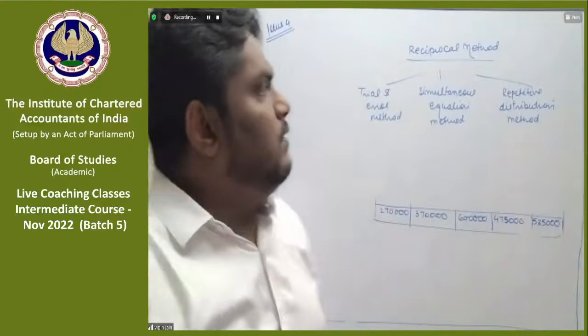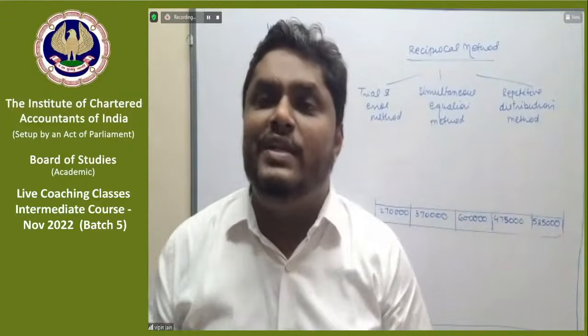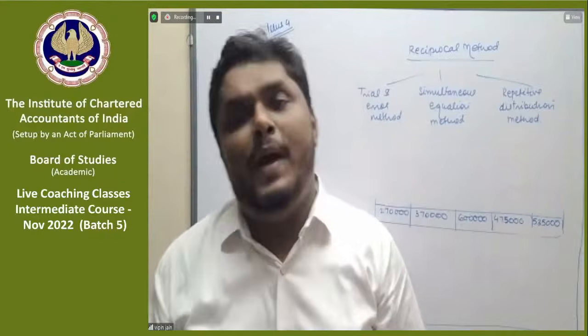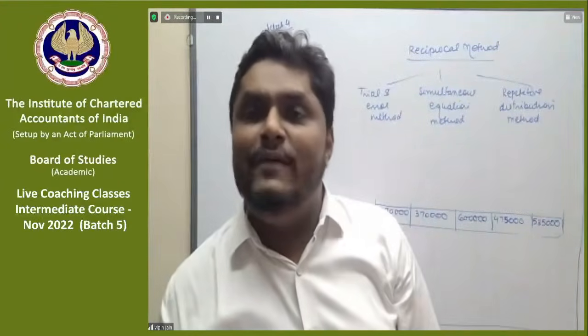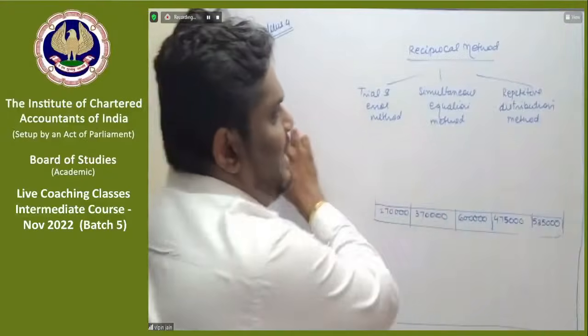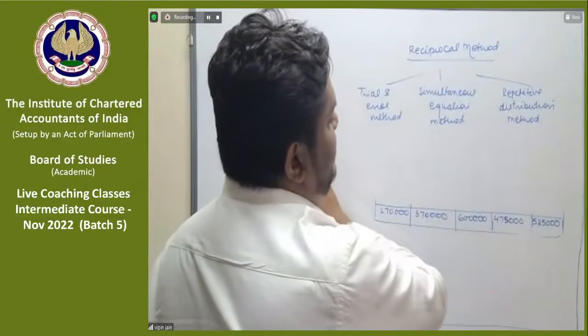So now, redistribution of overheads of service department to production department. There are three methods, and we'll be discussing each and every method one by one. So let's start first with the simultaneous equation method.